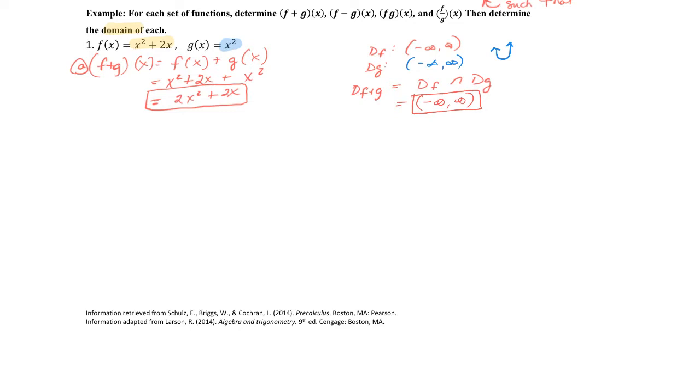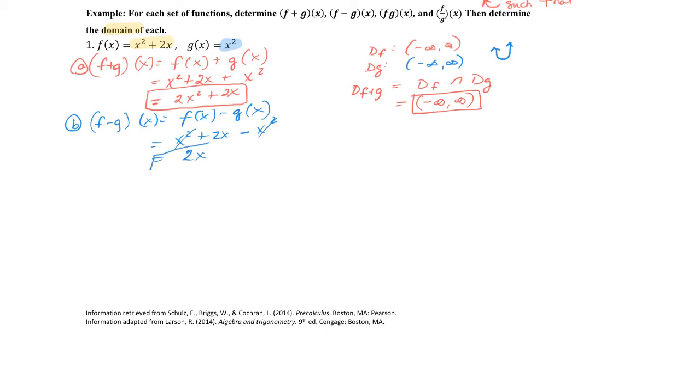All right, so that's my first one. So let's move along. Let's do B, and we're told to find f minus g of x. So that, of course, is f of x minus g of x. This is all review. And that will be equal to x squared plus 2x minus g of x, which is x squared. So x squared minus x squared, those, of course, will cancel.